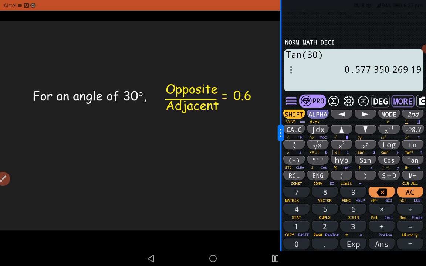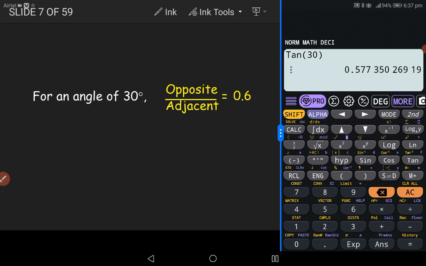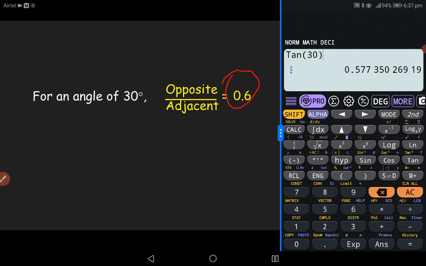You're getting 0.577350 and so on. When you round this off, it will give you 0.6. All right, I hope you're good on that.